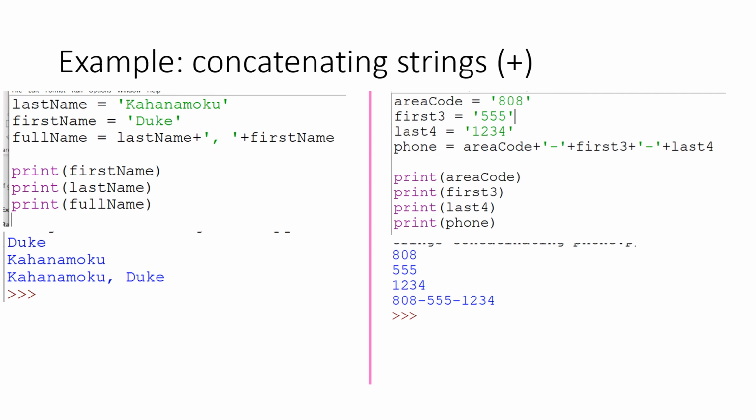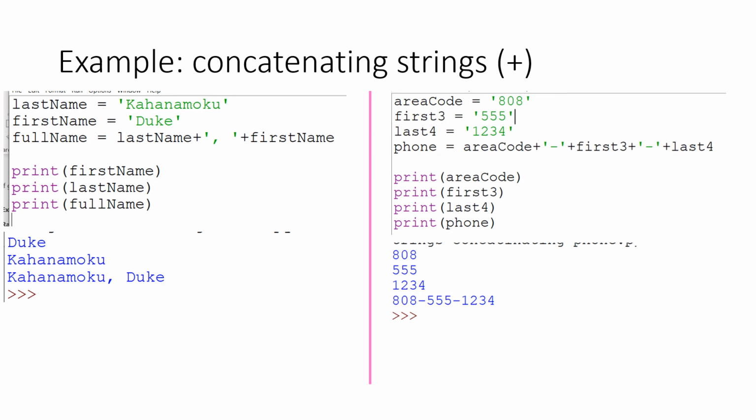So notice the example on the left. Last name equals Kahanamoku, first name equals Duke, full name equals whatever is in last name plus the comma with a space after plus whatever is in first name. When I display the first name, the last name, and the full name, I'm going to see, for this example, Duke on the first line, that's for the first name.